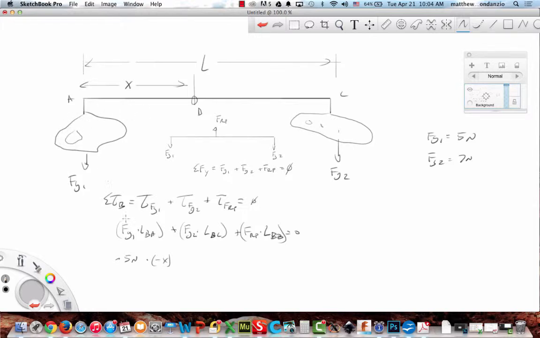Follow me? Plus Fg2, which is negative 7 newtons, times a positive L minus x, right? Correct?